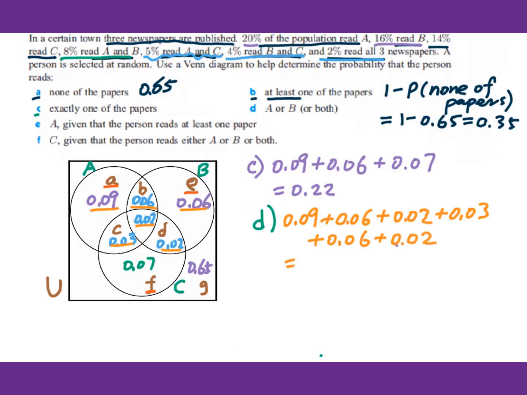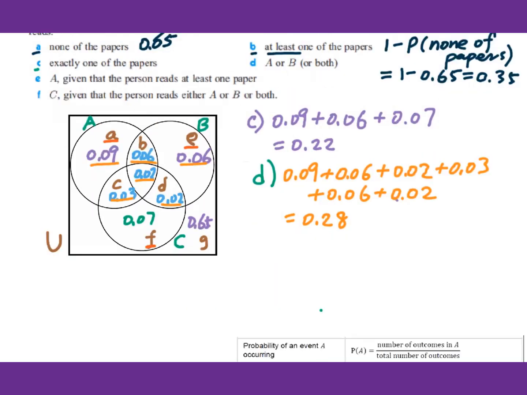You will get 0.28. Let's go to E. A, given that the person reads at least one paper.